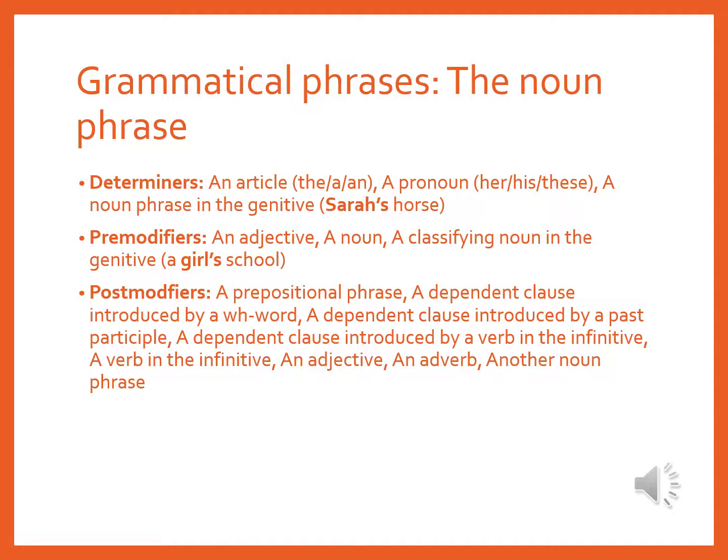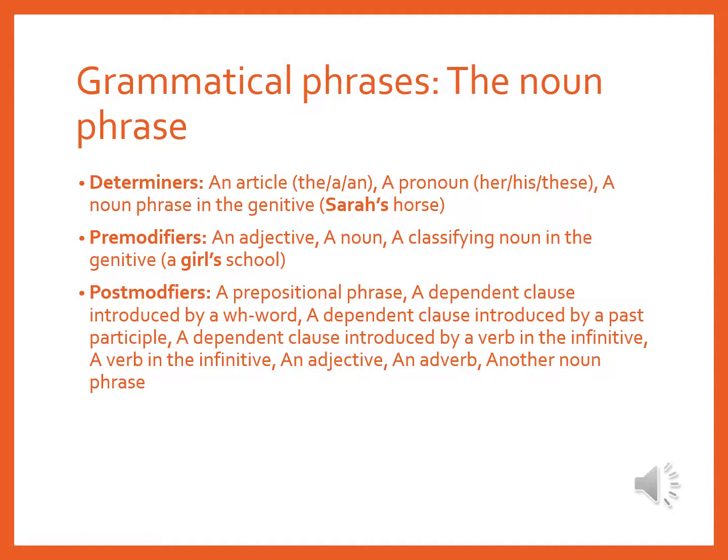So we talk about determiners. If there's something like an article or a pronoun or a noun phrase in the genitive, then that part within the noun phrase would be a determiner. For example, an apple. The head would be apple, but an is the determiner, right?